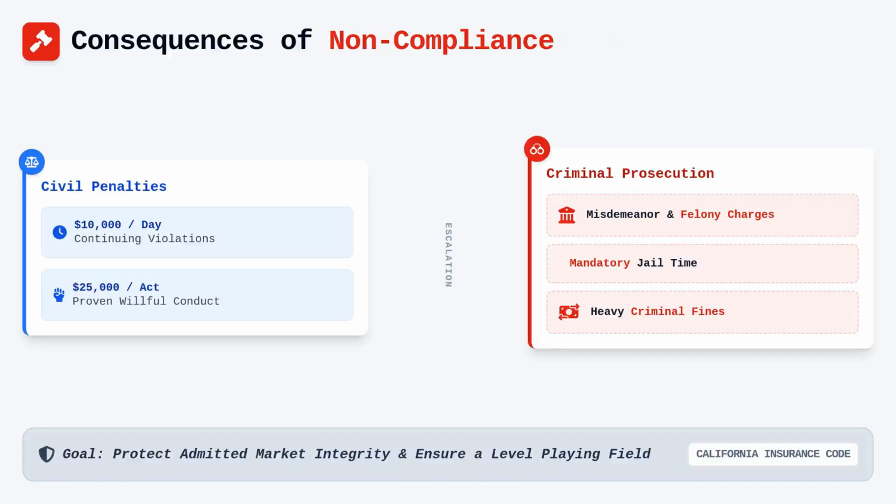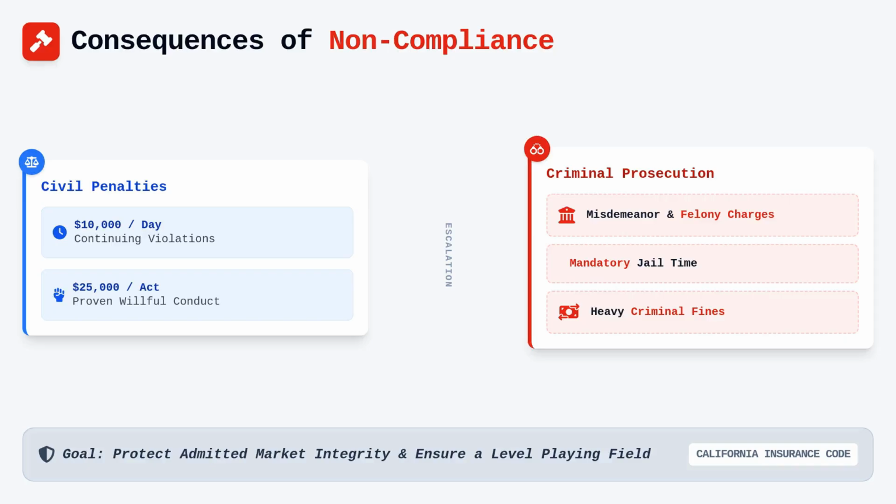The financial and operational consequences of noncompliance are structured to deter bad behavior through significant civil and criminal sanctions. For instance, engaging in insurance transactions without a valid license or executing fraudulent acts exposes an individual to severe legal jeopardy. Under the California Insurance Code, unlicensed activity is treated with extreme severity, carrying civil penalties that can reach up to $10,000 per day for continuing violations, or up to $25,000 per violation if the conduct is proven to be willful.